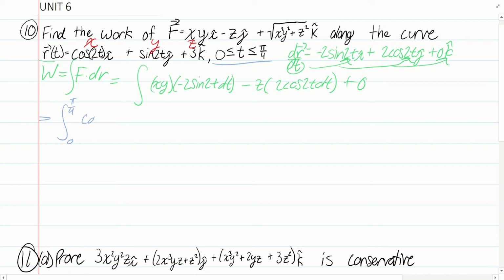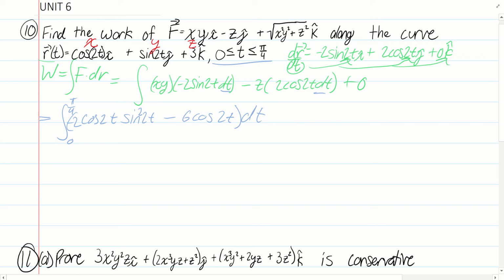So we'll have cosine 2t, and this becomes negative 2 sine 2t squared, and then minus 3 times 2, which is 6 cosine 2t, all times dt. So just factor out the dt to the very outside.